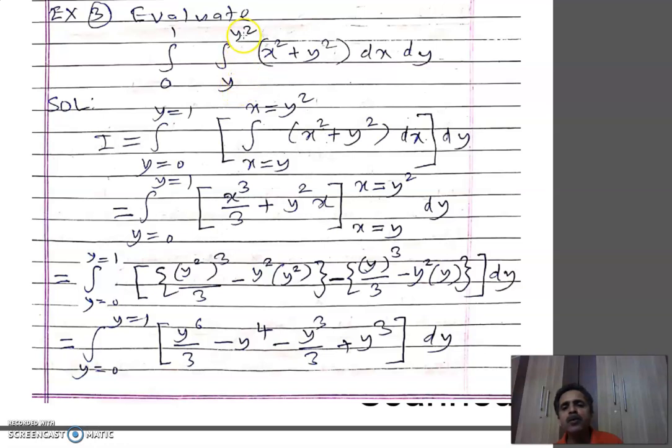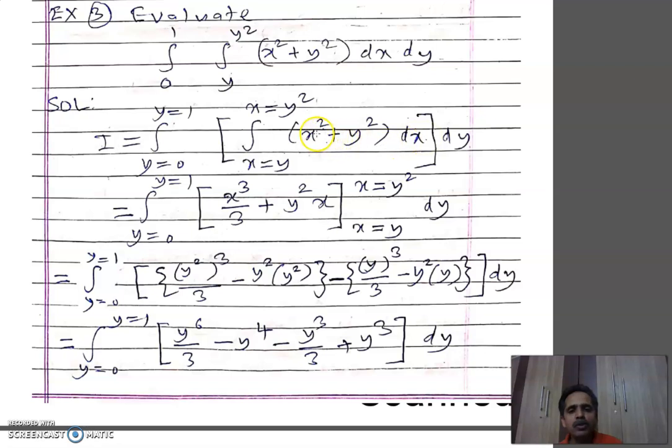So instead of writing y and y square, we write x is y and x is y square. And because we have to integrate first with respect to x, dx is written here, and then dy is written here, and here we have limits of y is 0 to y is 1. In the square bracket we have x as the variable of integration, y is a constant.